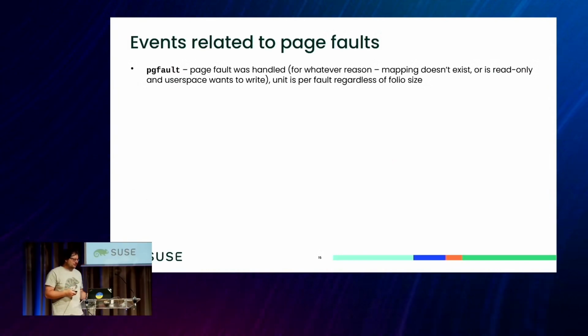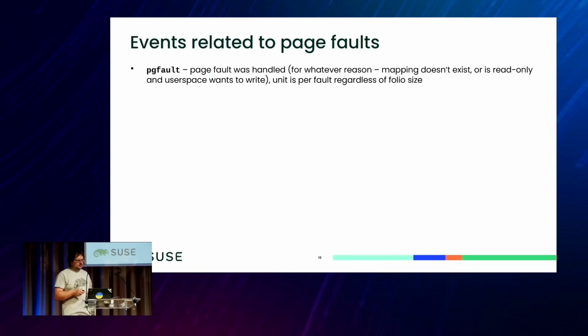Now, page faults. Lorenzo again explained page faults, great. So when we handle a page fault for whatever reason, either we touch a page for the first time, or userspace touches it and it was reclaimed meanwhile, or it was marked read-only in the page table entry because we want to catch writes for any reason, it increments the page fault counter, and we don't distinguish how large the folio will be in the end.